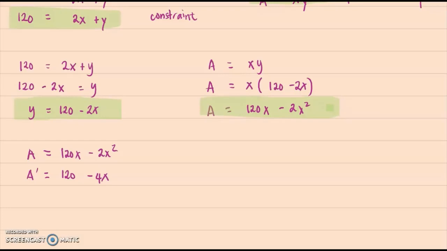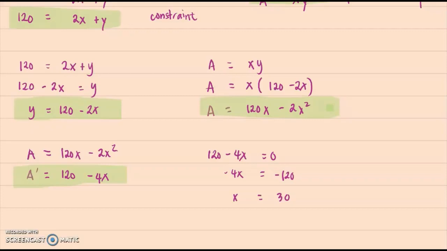The next step is to set our first derivative to 0. So we have 120 minus 4x equals 0. Solve for x: negative 4x is equal to negative 120, so x is equal to 30.